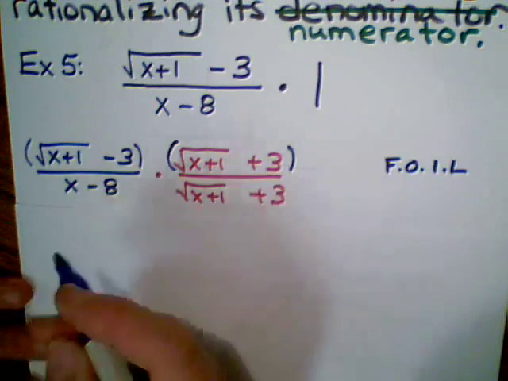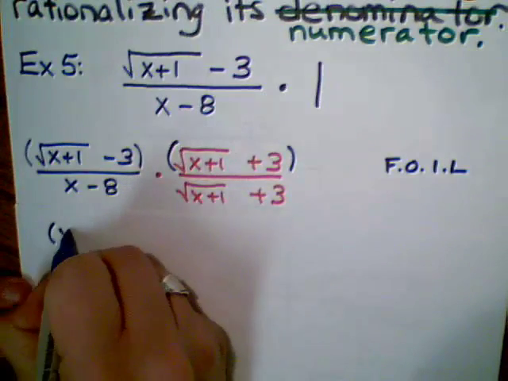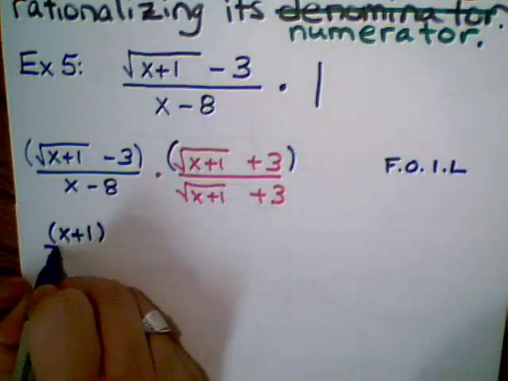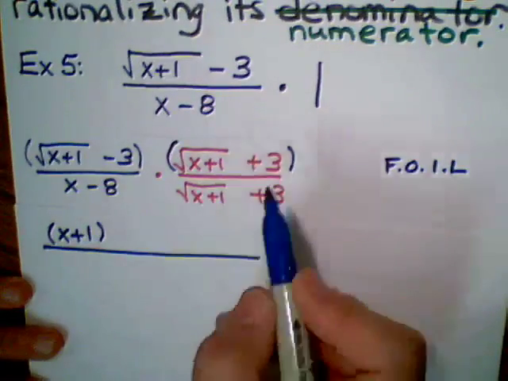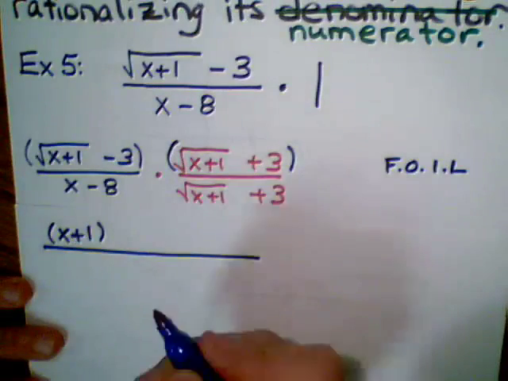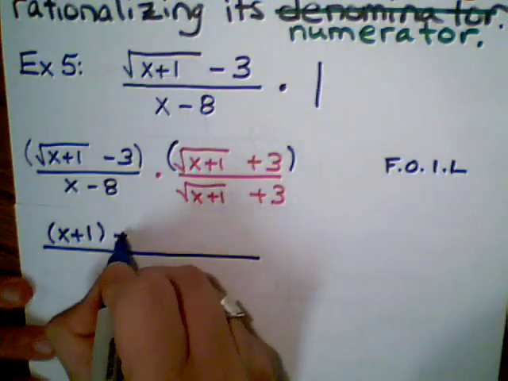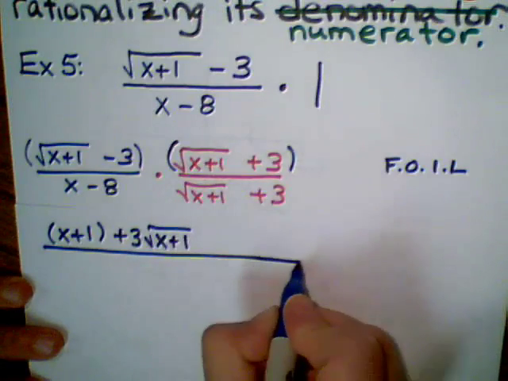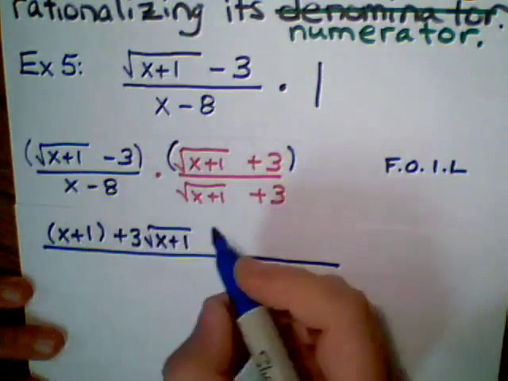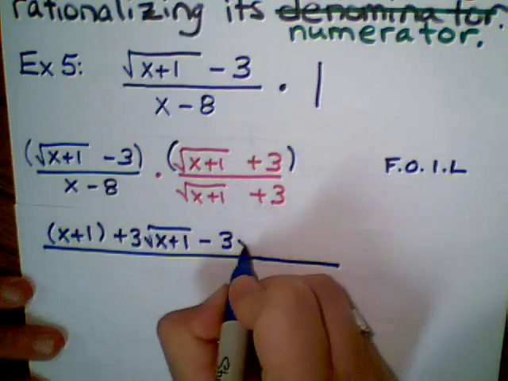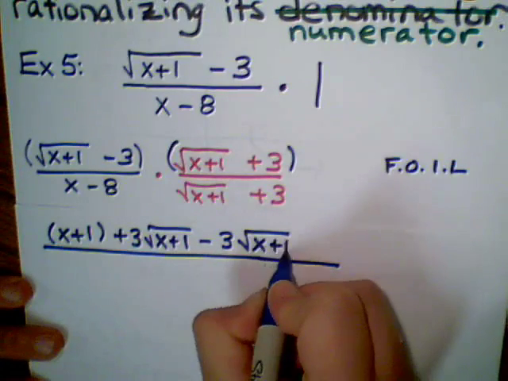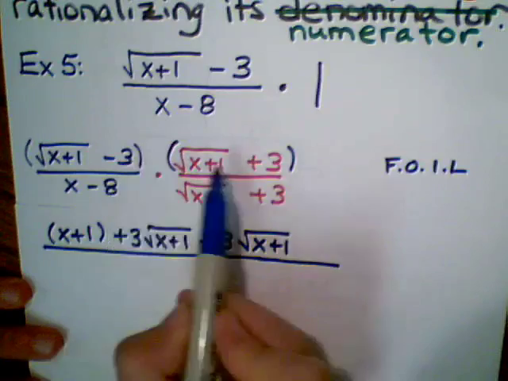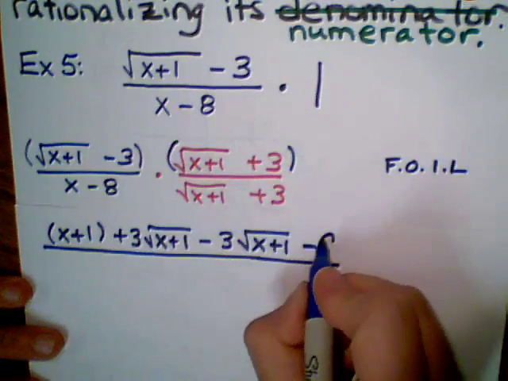The square root goes away, and we're just left with x plus 1. When we multiply the outside two terms, we get the product positive 3 times the square root of x plus 1. When we multiply the inside terms, we get negative 3 times the square root. And finally, when we multiply the last two terms, we get a negative 9.